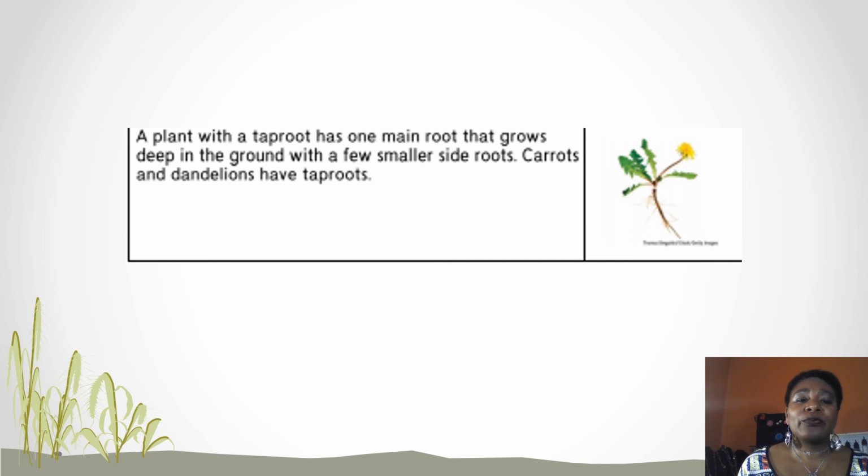Those are called taproots. It's one main root and a lot of smaller side roots on it. Can you think of any other plants that may have taproots?